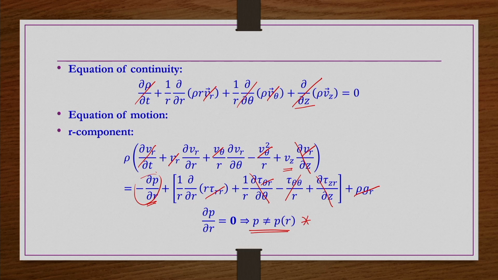It is not like that every time you simplify the r component of the momentum equation you will get dou p by dou r equals 0. No, this is only for this problem, because all this cancelling of terms is based on the constraints of this particular problem, which is the flow of a power law liquid through circular tubes because of the pressure difference.